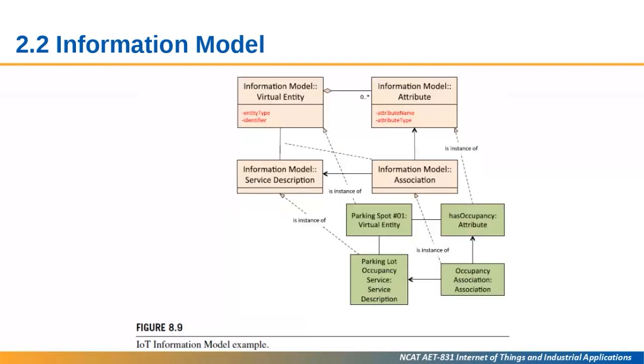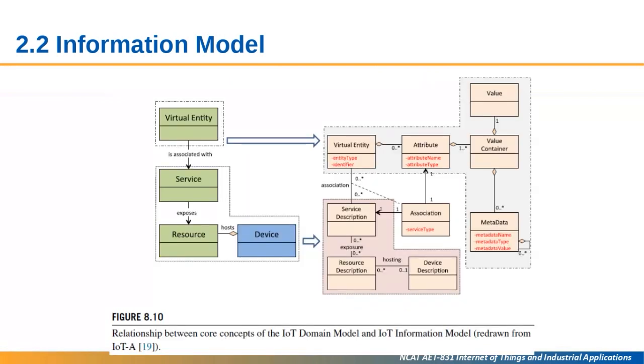And also, if we go to the parking lot example, we can see how they work here. For example, parking spot number 1 is a virtual entity. It is related to the virtual entity of the information model. And also the information model association is an instance of the information model service description. This figure shows how the IoT domain model and IoT information model are associated with each other.